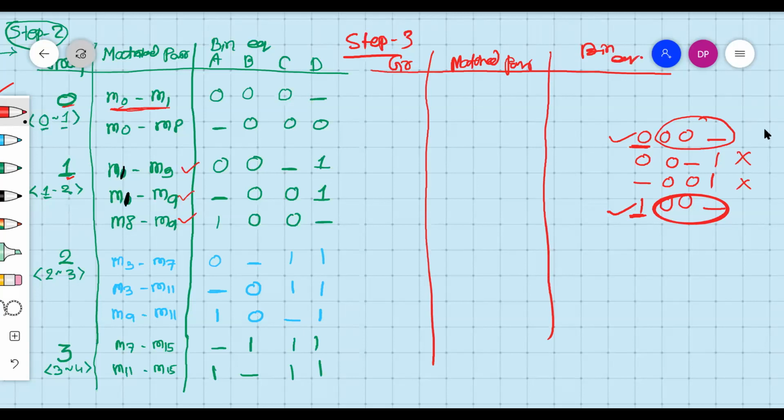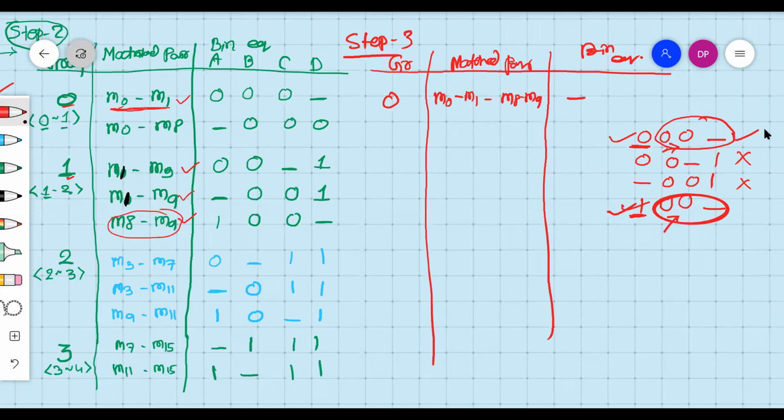So let's take group 0. The first one is of this, M0 M1, and this is of this one, M8 M9. So I will take M0 M1 M8 M9. They form a matched pair. You can see the last three are same, and the first one differs.